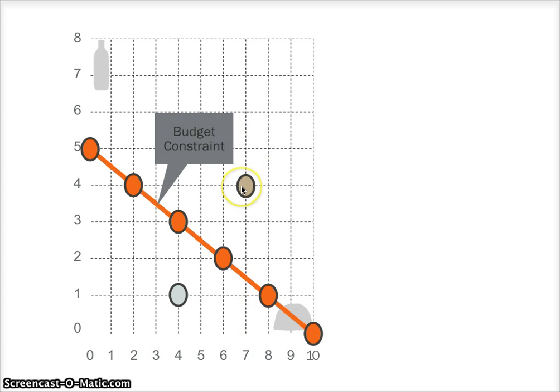What's the price of a beer? $200. 4 times 200 is 800. So the total cost of this bundle with 7 patties and 4 beers would be 700 plus 800, which is what? 1500. That's outside my budget. So it is not affordable.